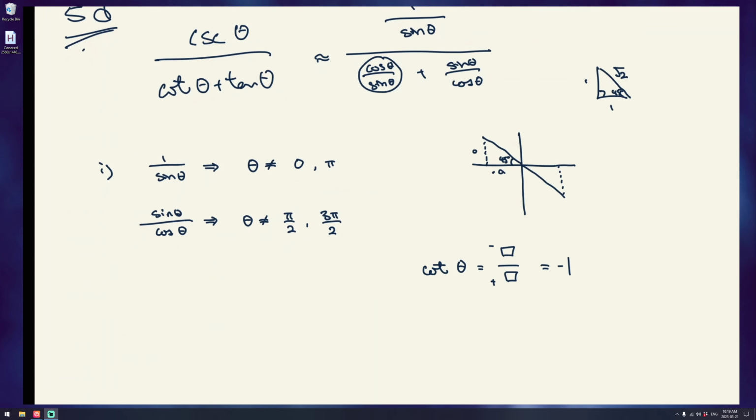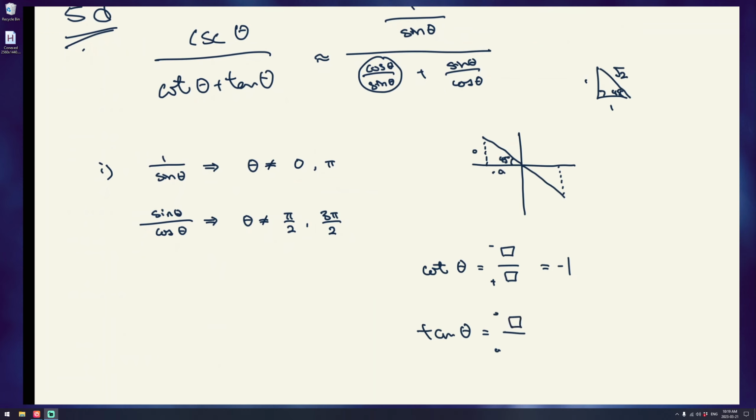Now, what about tan? Okay, so we know that cotan of theta is equal to -1. What about tan? Tan of theta is equal to the opposite over the adjacent, right? Okay, in this case, the opposite and the adjacent are the same things, except they differ in signs, right?